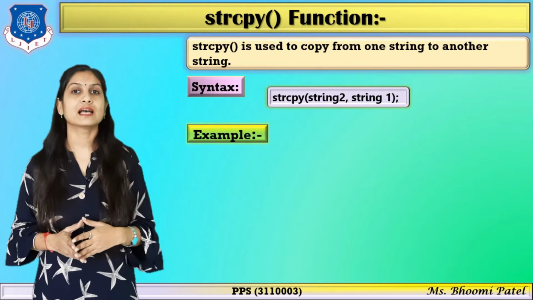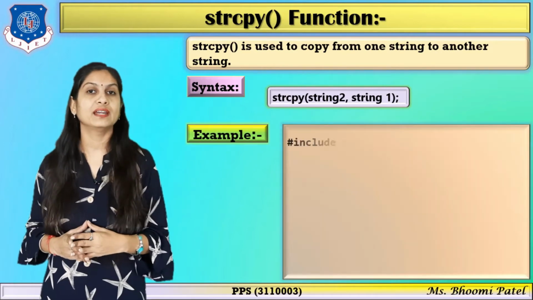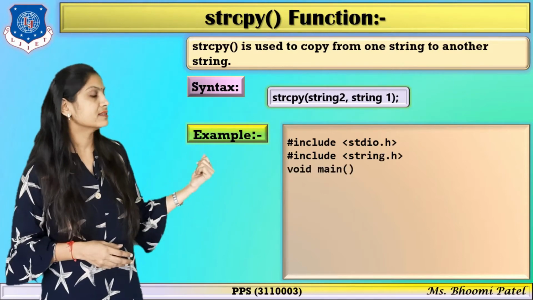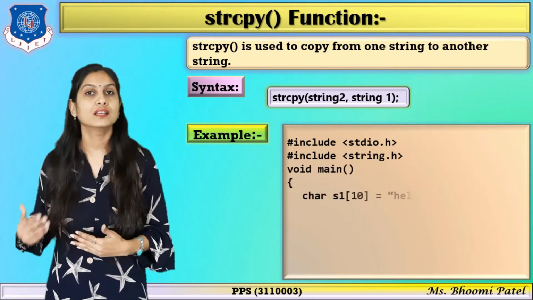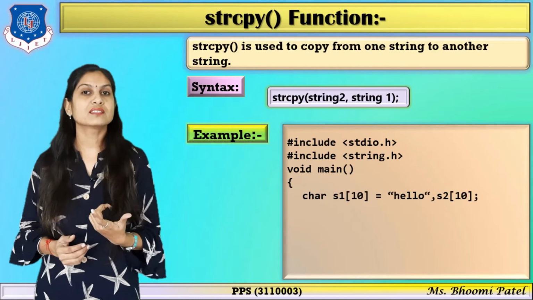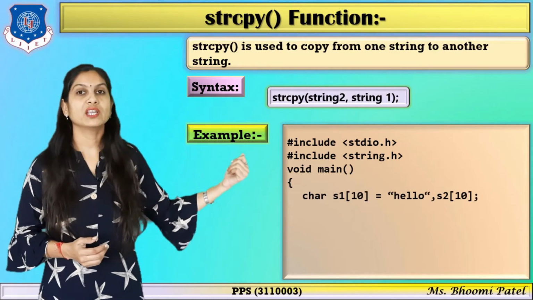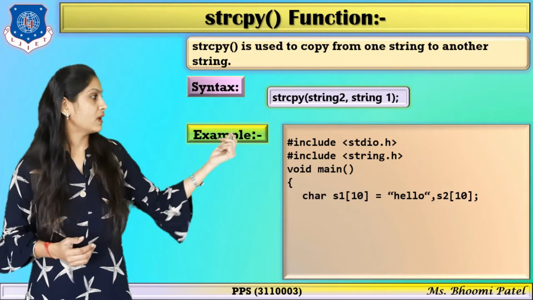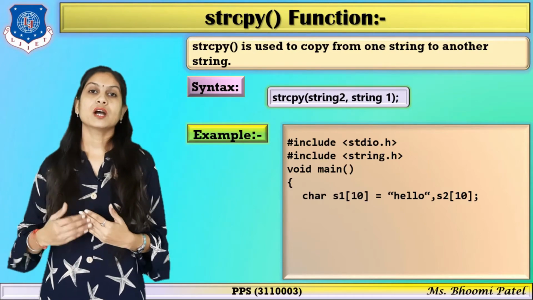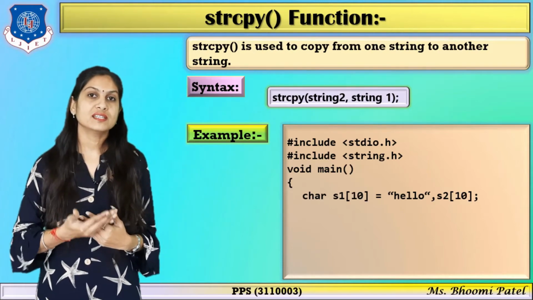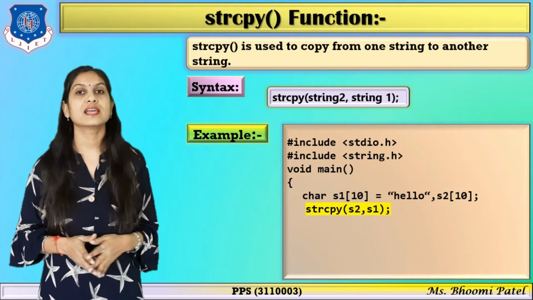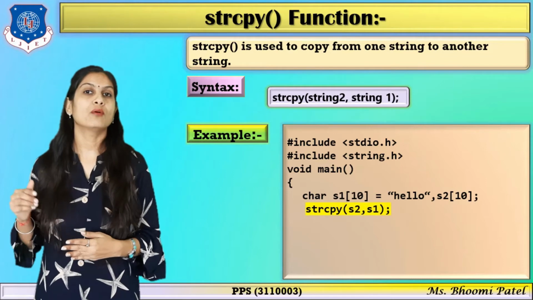Just see here the example. First include both the header files stdio.h and string.h, and inside void main we have to declare the strings. Here the first string is char s1 = "hello", and the second string is right now blank, so s2[10] is there. Now we have to copy the s1 data into s2, and for that we use the function strcpy(s2, s1).